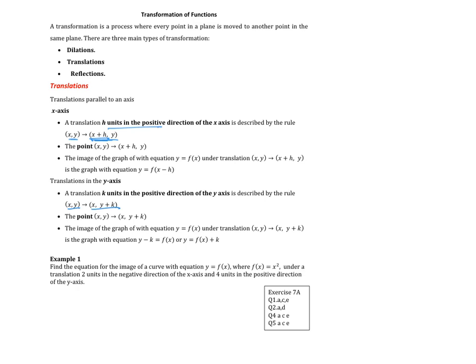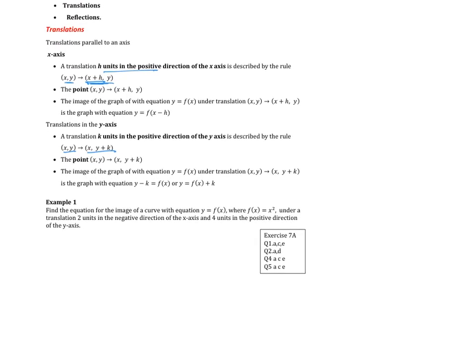And that's the approach I'm going to take for all of these questions. That is, add the appropriate amount to each of the coordinates and work out a new graph.